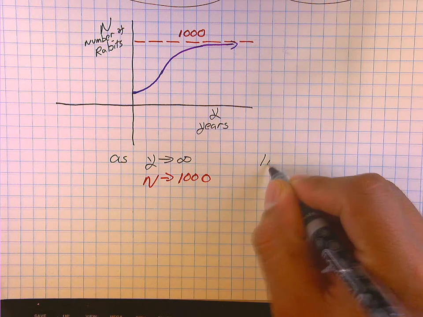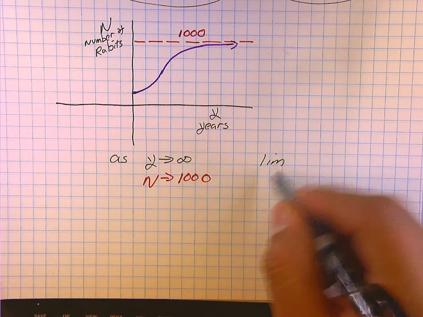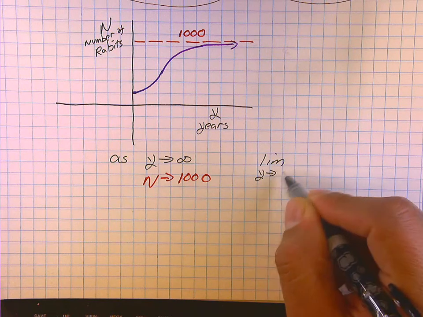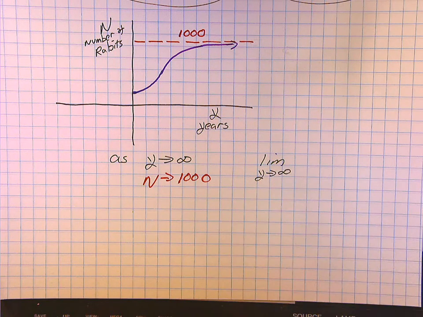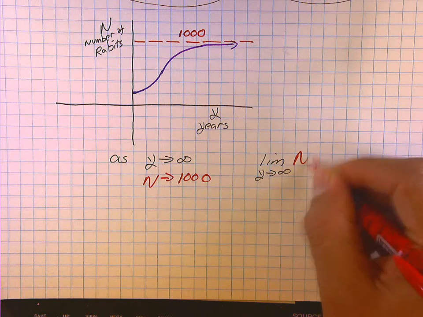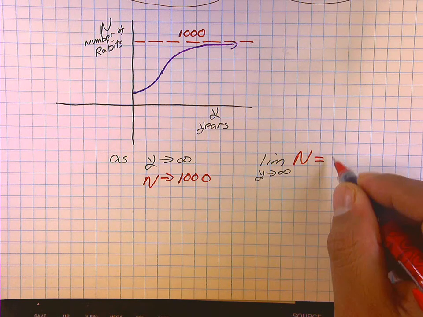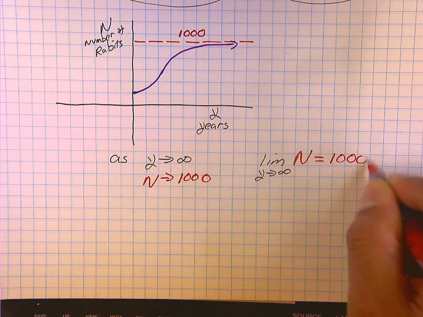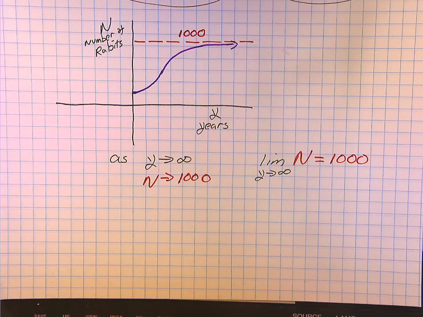With limit notation, we would say the limit as y approaches infinity of n, the number of rabbits, is 1,000. Which limit is quite applicable here. That's the limit of how many rabbits can be on the island. So we're approaching that limit. And again, we can approach the limit from the top or from the bottom.